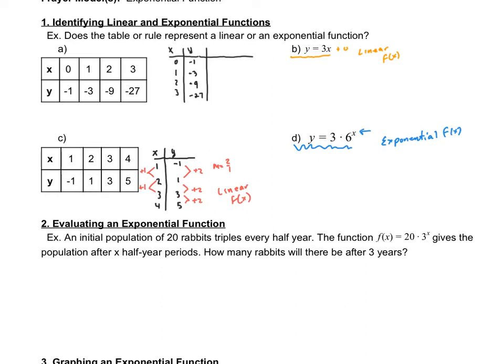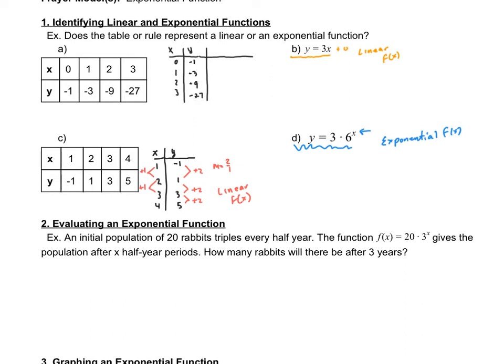But we do have a table that we need to figure out what's going on with, and I hope that looking at the table over here, I've gone ahead and rewritten it, 0, 1, 2, 3, and with this, I'm hoping that you can see that the second, third, and fourth look like factors of 3 or multiples of 3.